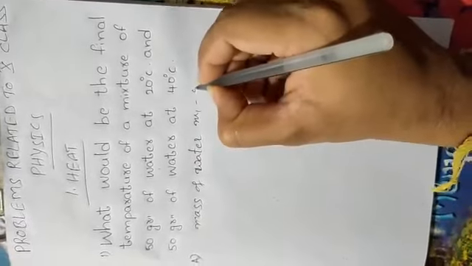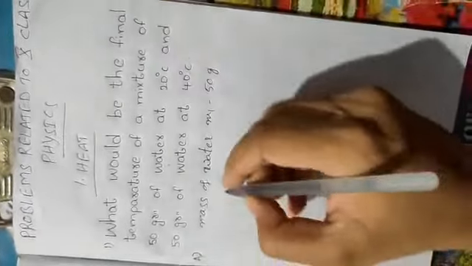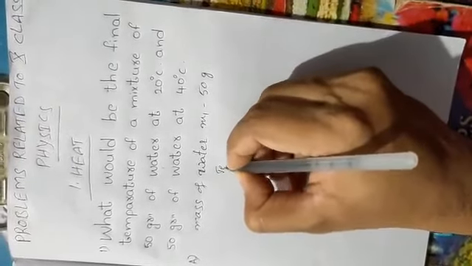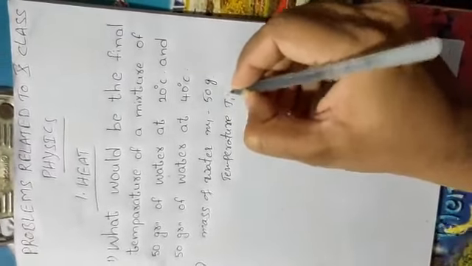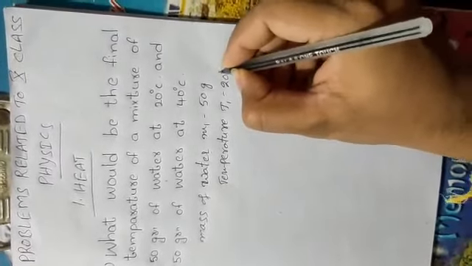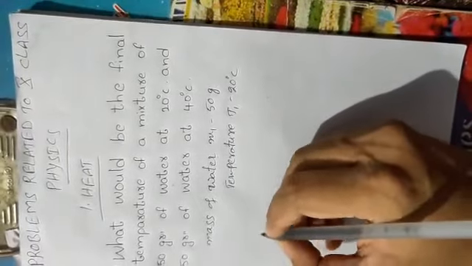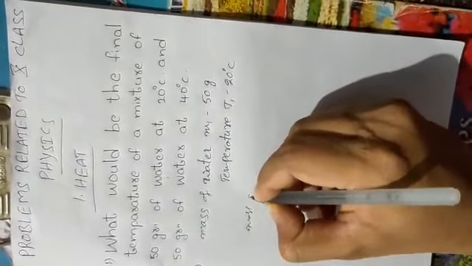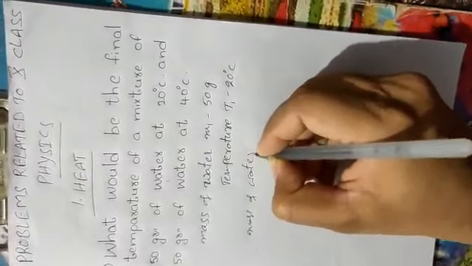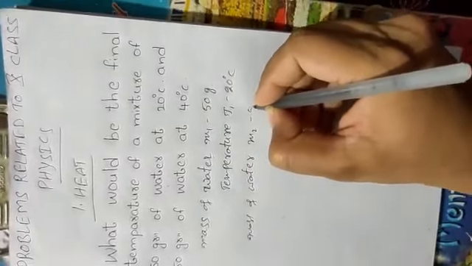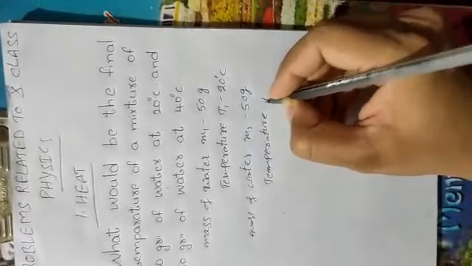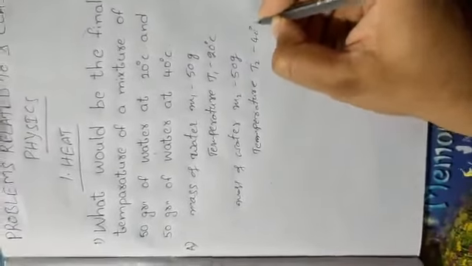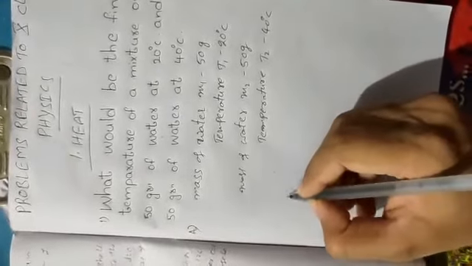M1 is 50 grams and temperature T1 is 20 degrees Celsius. In the second case, mass of water is 50 grams and temperature T2 is 40 degrees Celsius, and we know the formula for the temperature of a mixture.